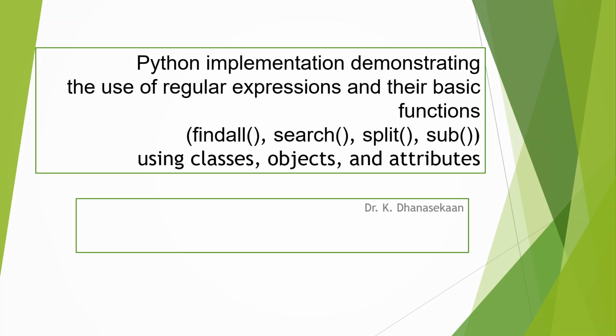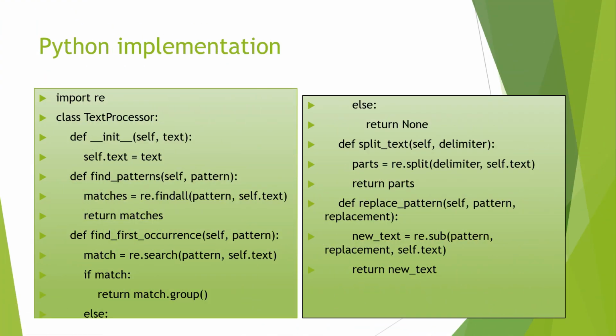Let us now discuss the Python implementation for this regular expression. First we import the library re, for regular expression, to support the necessary library functions and other built-in constructs. Initially we define the class TextProcessor, and we have an init function to initialize the text as the instance member of the class.